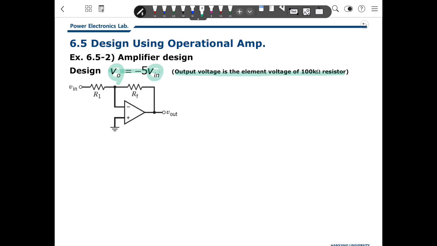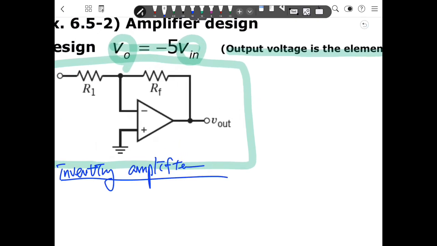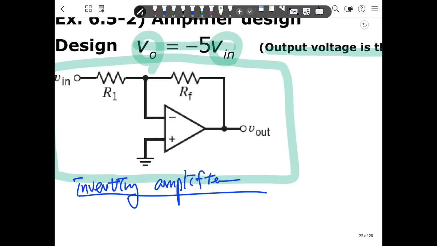Then you can use this circuit. We already discussed that this is the inverting amplifier, so we already know about that. If we use that circuit, then what should we do?